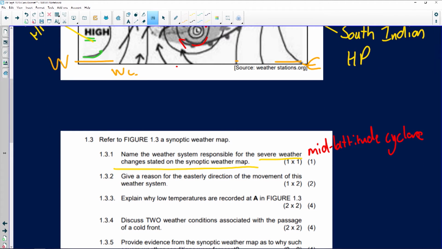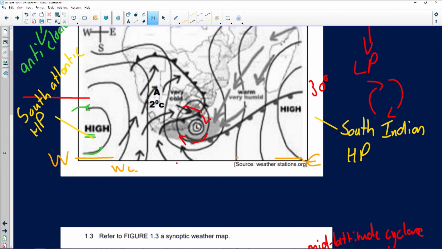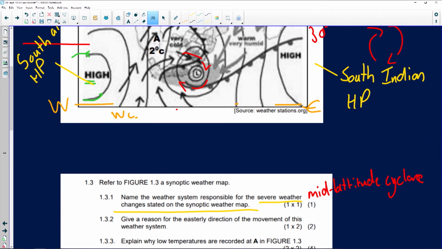Now, give a reason for the easterly direction of the movement of this weather system. I've explained to you it moves from west to east because it moves in the westerlies. Now, I've just drawn up the global circulation of air, and I'll quickly explain it to you. What is wind? It's when air moves from a high pressure to a low pressure.